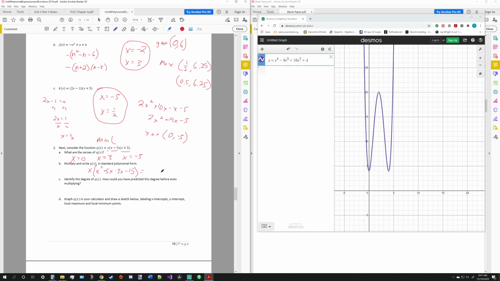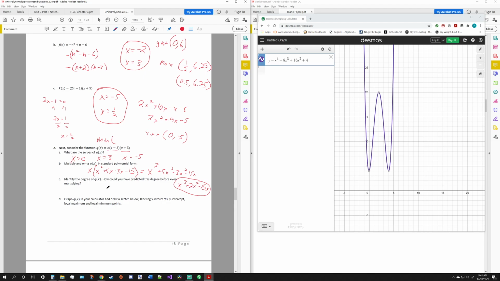And then I can distribute the x, or I can combine like terms first and then distribute the x. So x cubed plus 5x squared minus 3x squared minus 15x. And so our standard form is x cubed plus 2x squared minus 15x is what you should have gotten.